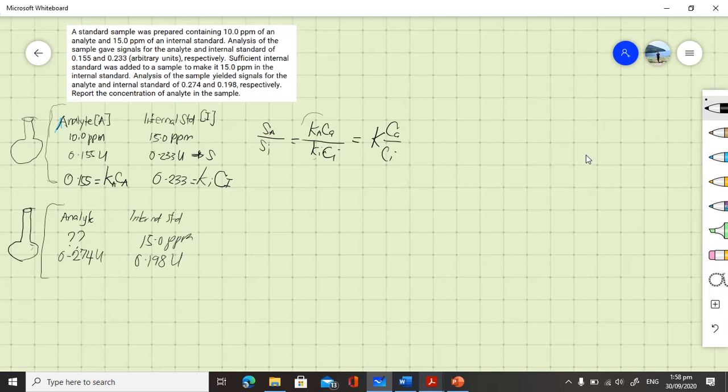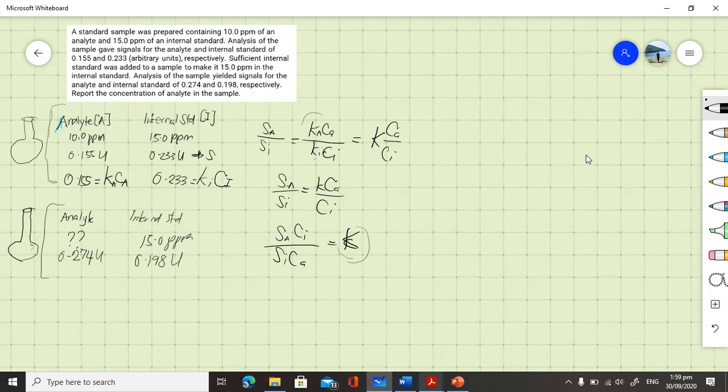Okay? So, we can transform this into SA over SI is equal to K CA over CI. And if you want to know the value of K, you can transform this into SA CI all over SI CA equals K. So now you have the value of K.